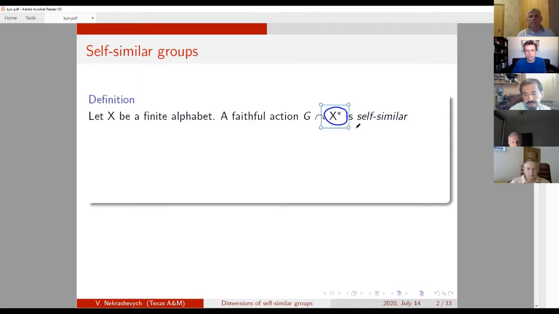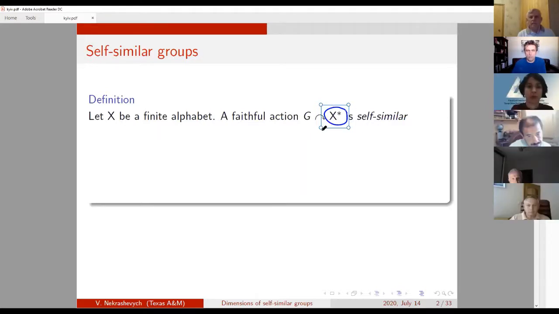So a set of words in this alphabet, including the empty word.